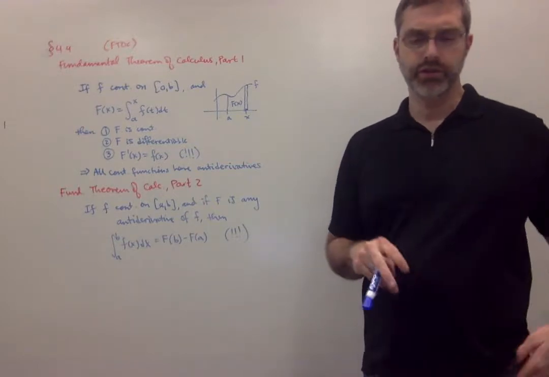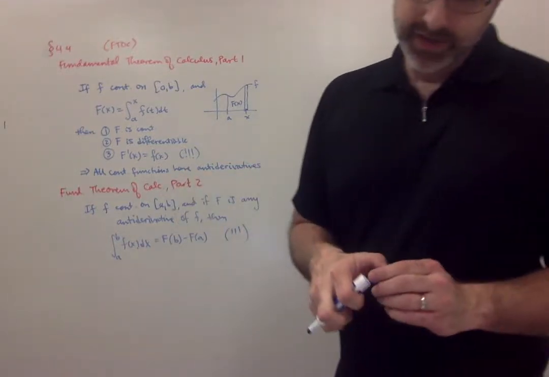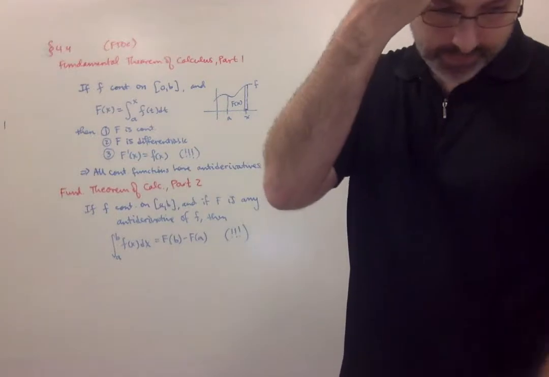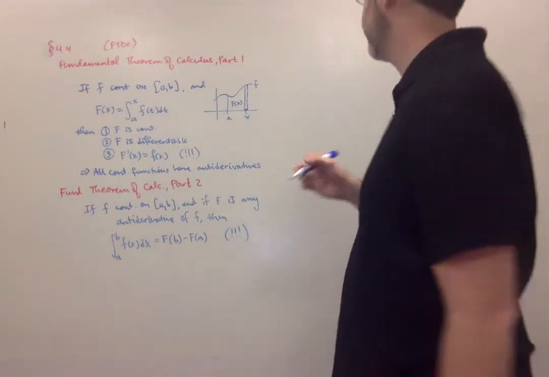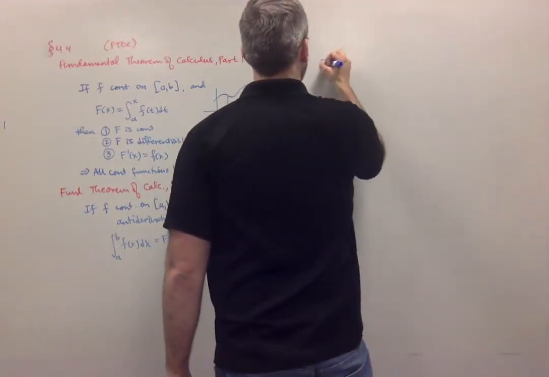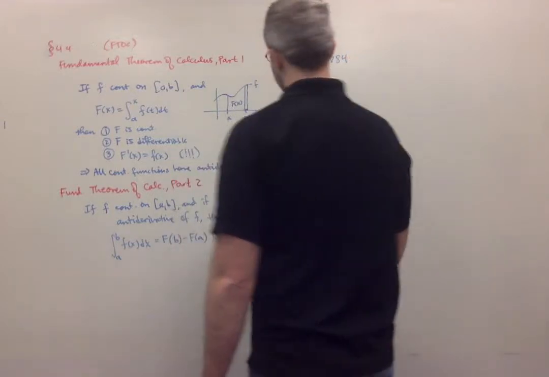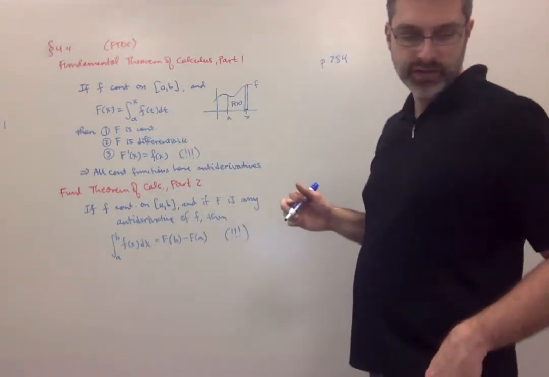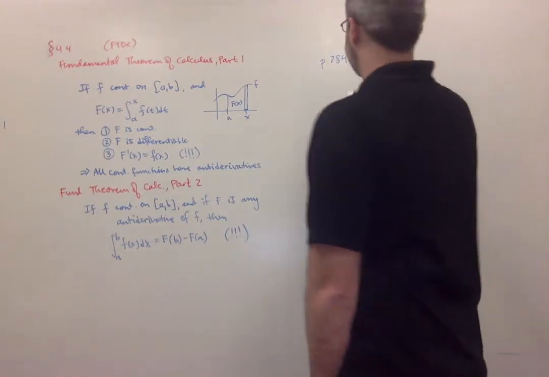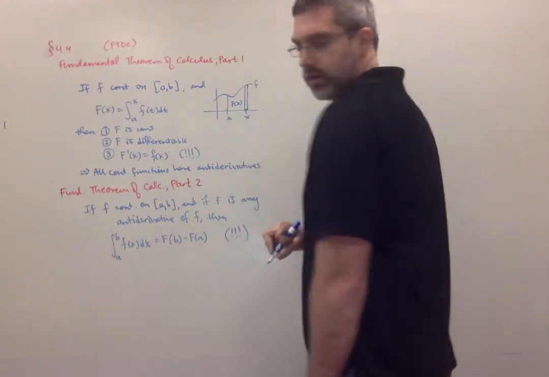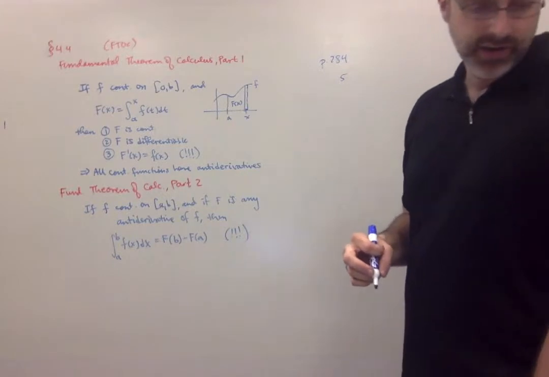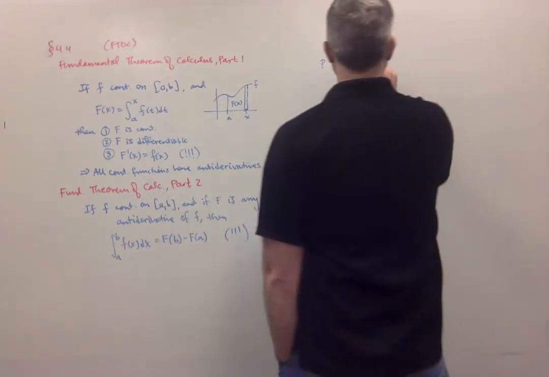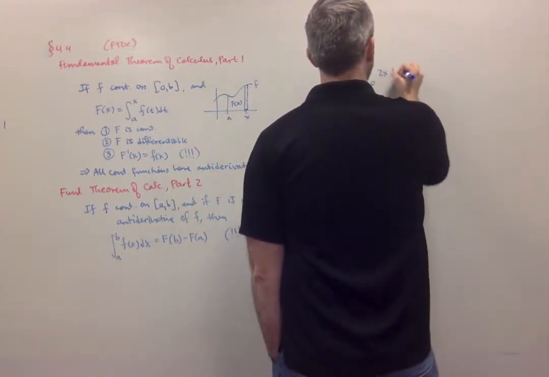Okay, let me show you what I mean by that. If you open to page 284, I want to take a look at a few examples here. So let's take a look at number 5, for instance. This is asking me to find the area from 0 to 1 under 2x dx.